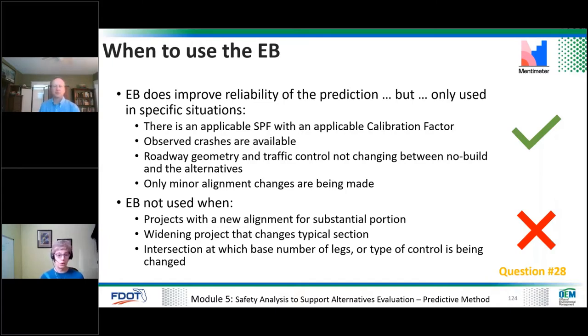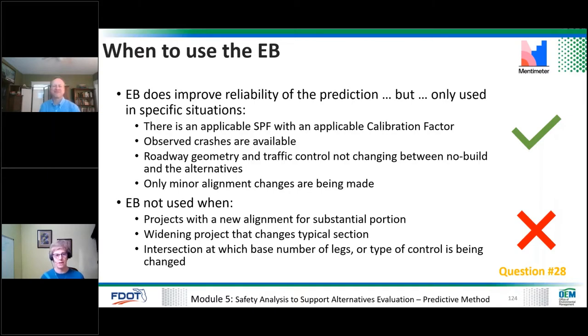So if there's a new alignment, you're not going to be using EB. If you're widening a project that changes the typical section dramatically, again, where you wouldn't expect observed crashes to stay the same, you're not going to use it. If you're changing an intersection with the number of legs or the type of control, you're not going to use it. So the question is, when are you using it?